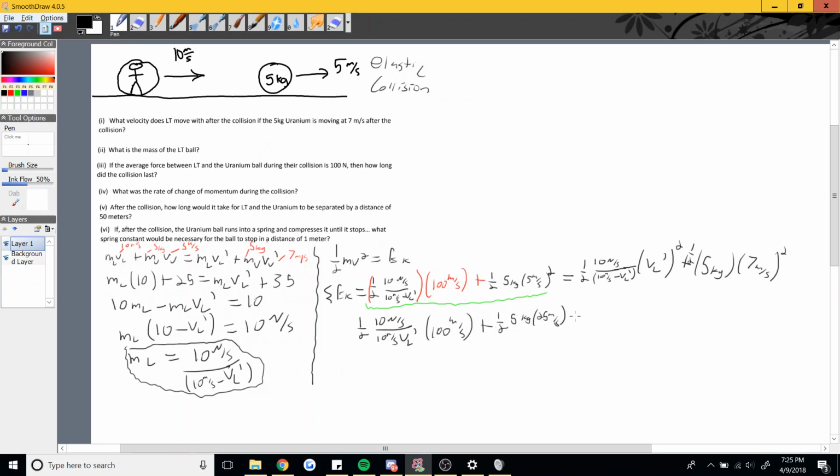Meters per second equals, same thing, 1/2 10 Newton seconds. I'm going to get tired of writing that eventually. 10 meters per second minus VL prime times another VL prime squared plus 5 times 7 squared, which when simplified is going to give you 245.